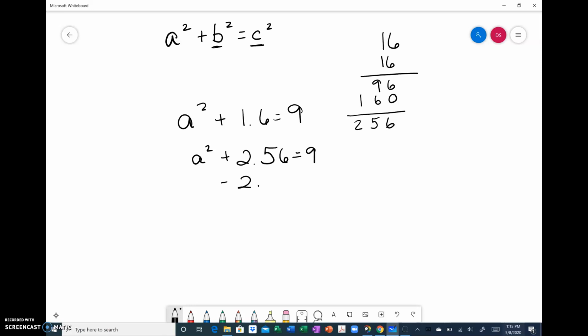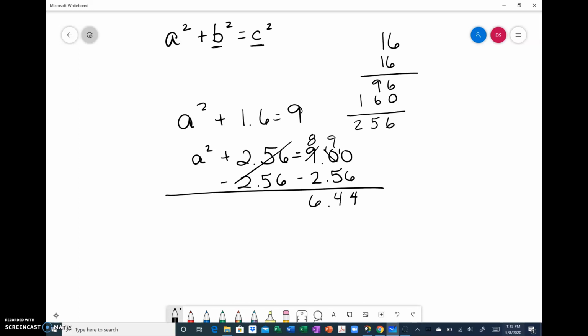Which I need to move to the other side. And here you get a little practice with subtracting decimals. So I'm going to have this equation, and I need to figure out the square root of 6 and 44/100.